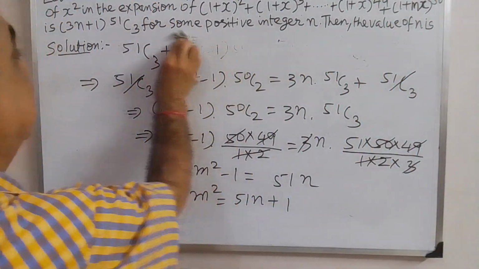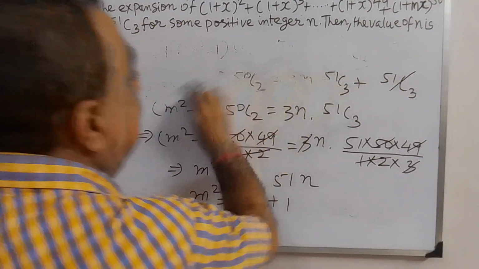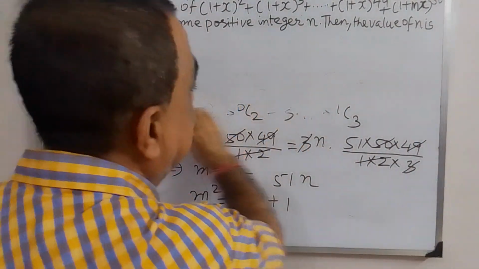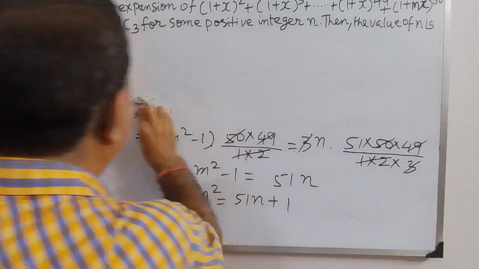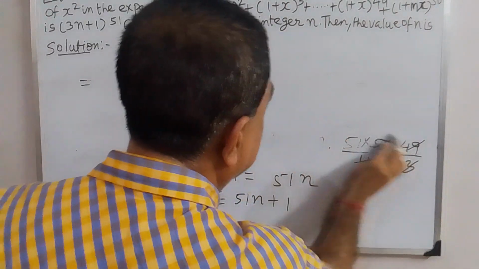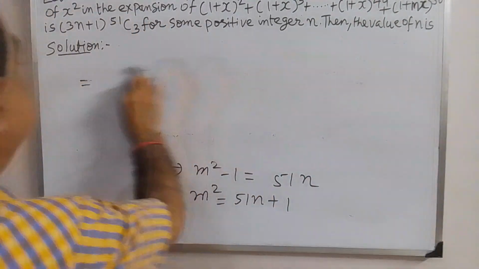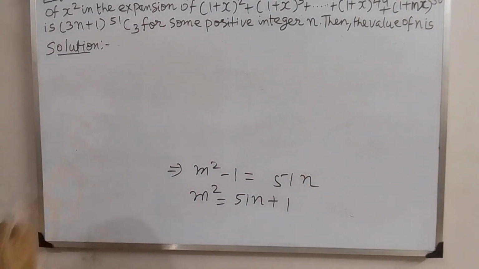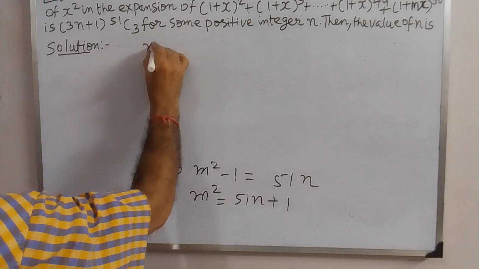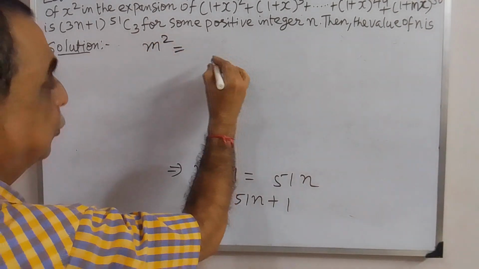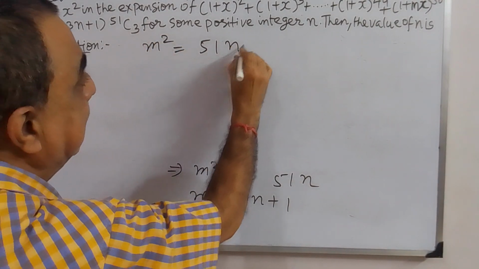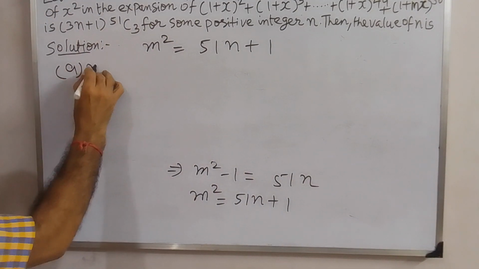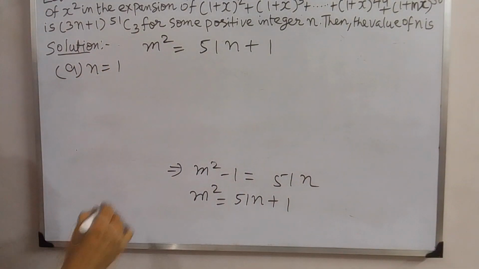Now see here, we will try putting different values of n one by one, in positive integers. This is the relation between m and n, and m is the smallest positive integer. So here m squared is equal to 51n plus 1. I am starting with 1. Let n be 1.